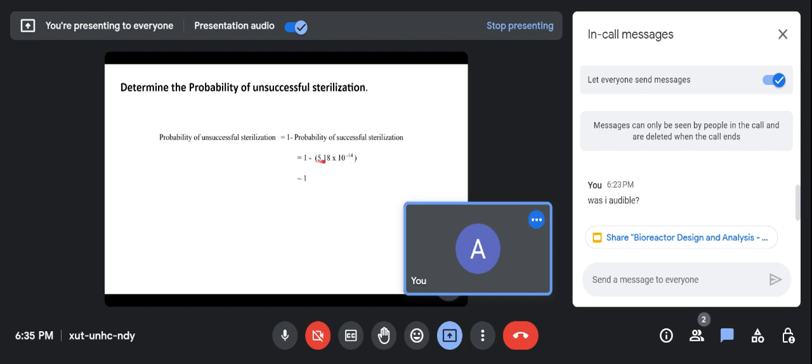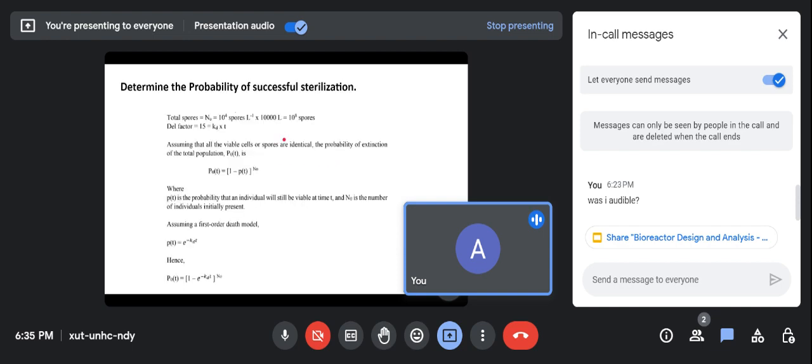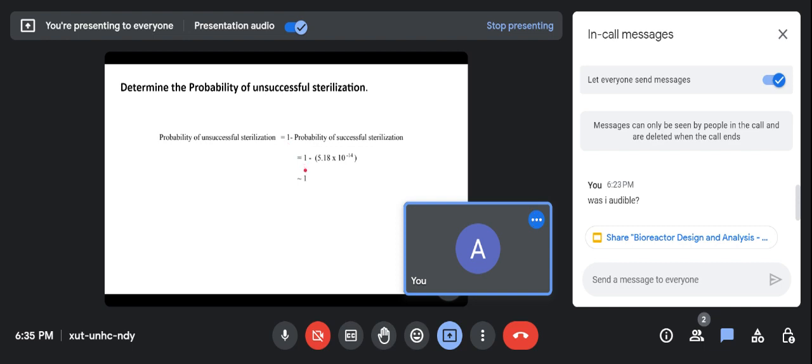So if you subtract 5.18 into 10 to the power minus 14, which is the answer you got here, from 1, you will get the probability of unsuccessful sterilization, which is nearly equal to 1, because this value is very, very, very small, right? So there is a higher probability of unsuccessful sterilization.